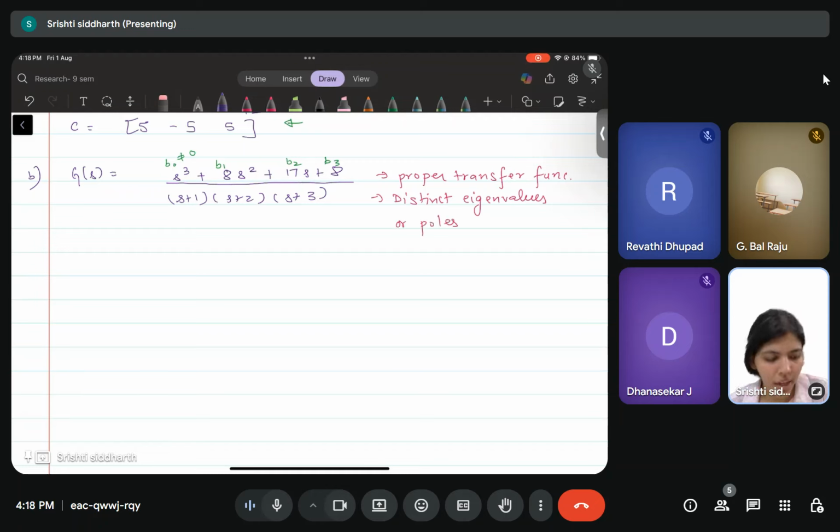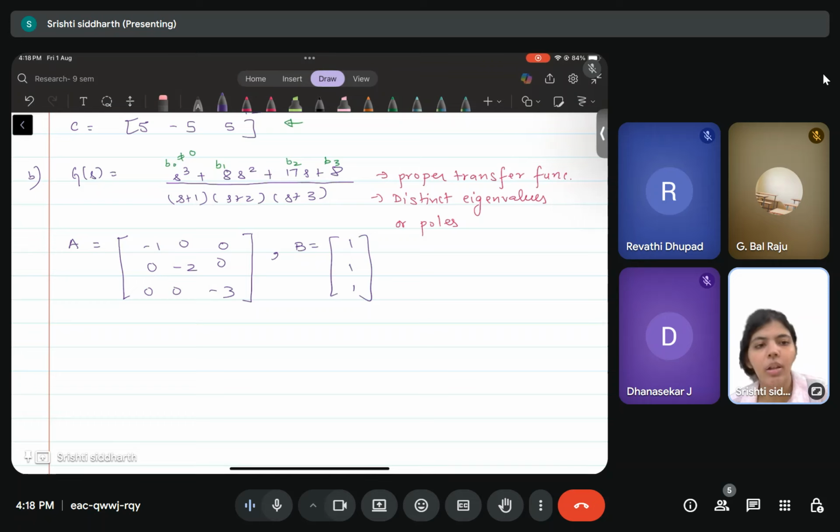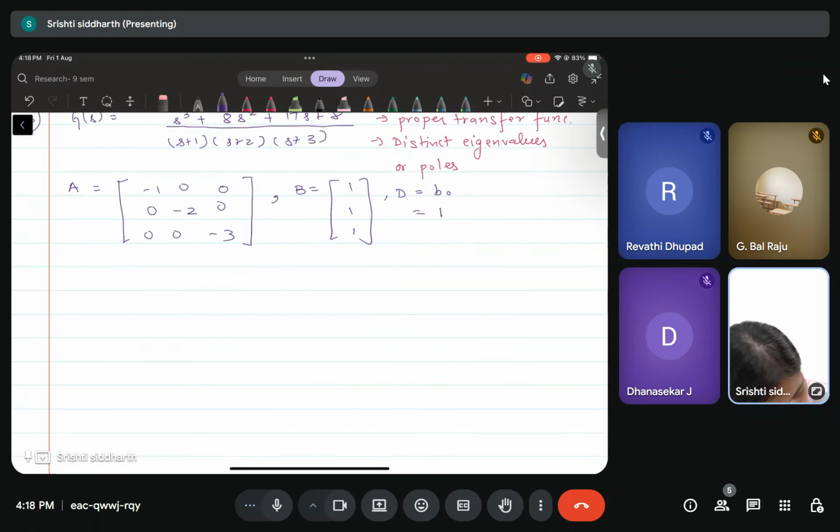So if it's distinct eigenvalues, A matrix is going to be simply -1, -2, -3, zeros everywhere else. Then B is simply 1, 1, 1. And recall that in the case of a proper transfer function, B is equals V0. Now we have to find the coefficients and therefore the vector C.